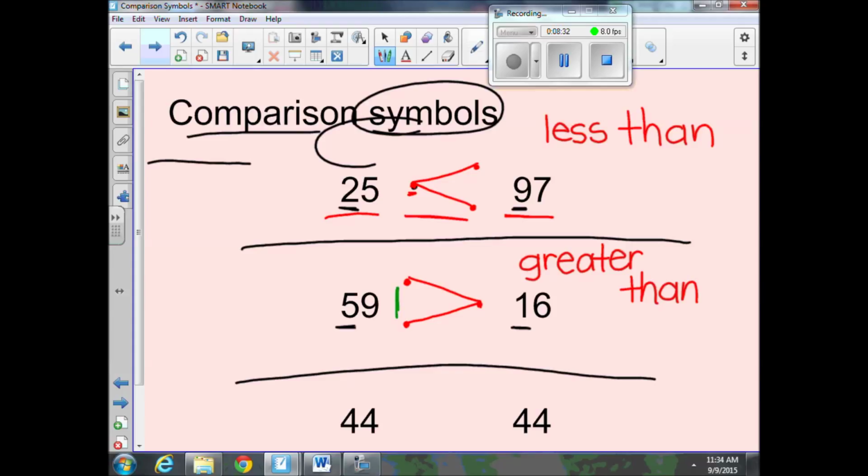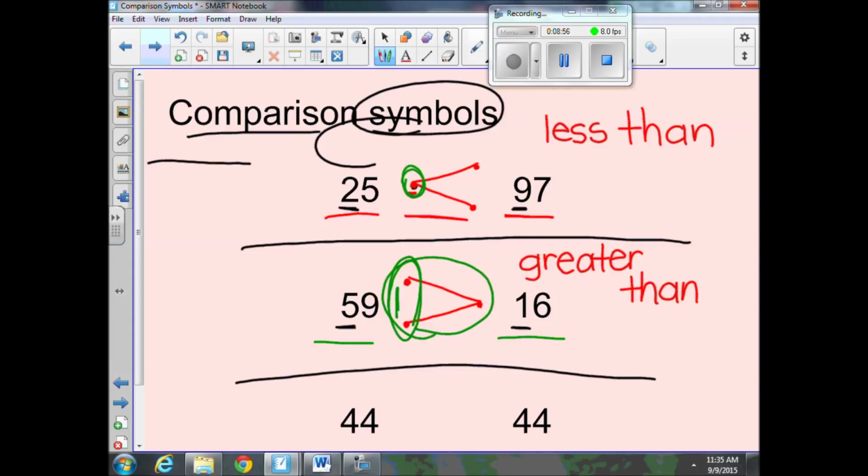So if I read it, I'm going to say 59 is greater than 16. There are your two comparison symbols. Less than, here's the little part that starts first, so this is less than. The larger part starts first here, so this is called greater than. Easy? Easy enough? Okay, here we go.